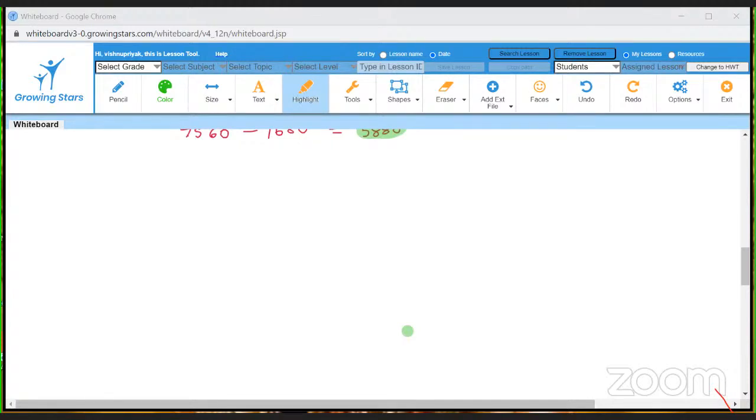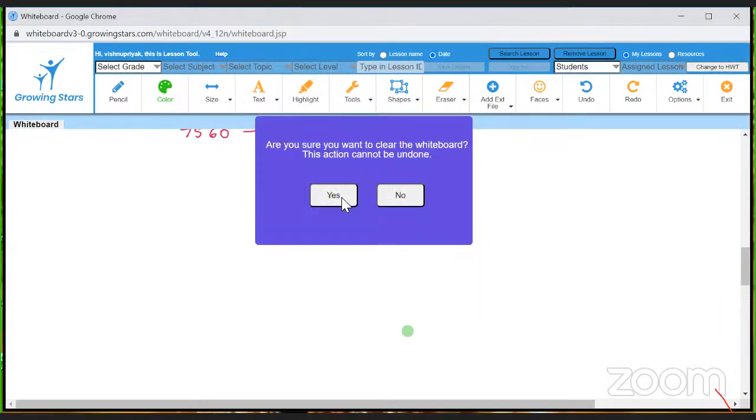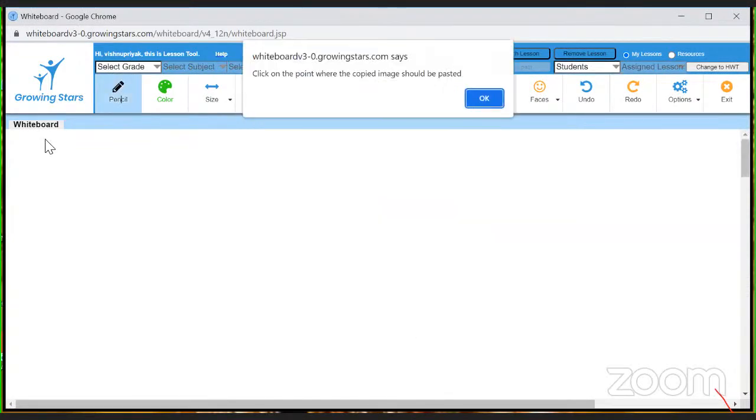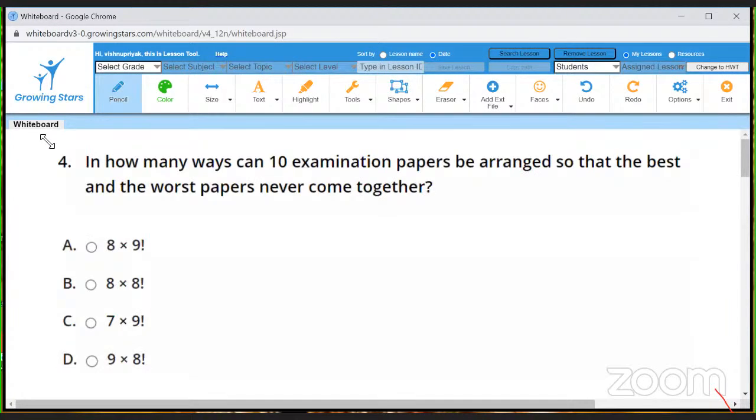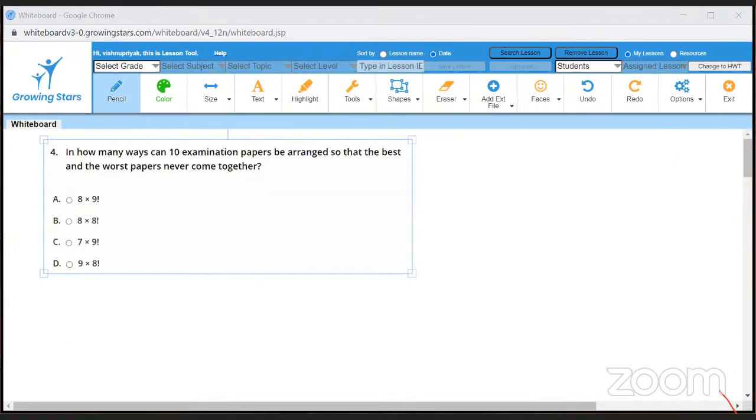Let's go to the next question. Here is the next question. In how many ways can 10 examination papers be arranged so that the best and worst papers never come together?